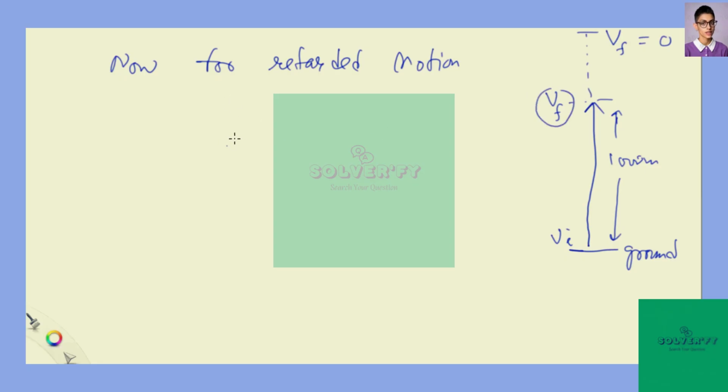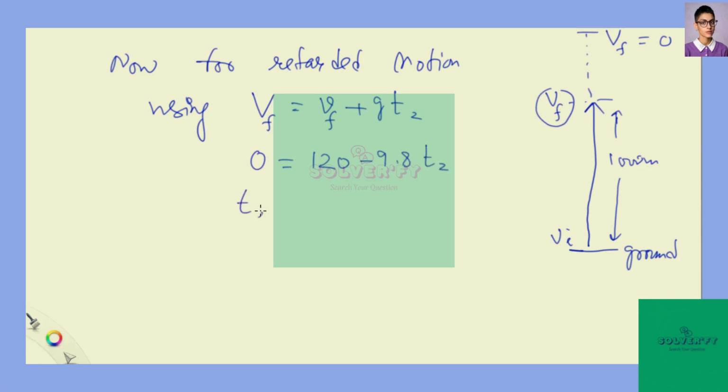So for the retarded motion, using again the first equation of motion, capital Vf equals small vf plus g into t2. For capital Vf, this is 0. For small vf, this is 120, minus 9.8 into T2. So this T2 comes out to be 120 by 9.8 seconds, or we can say T2 is equal to 12.24 seconds.